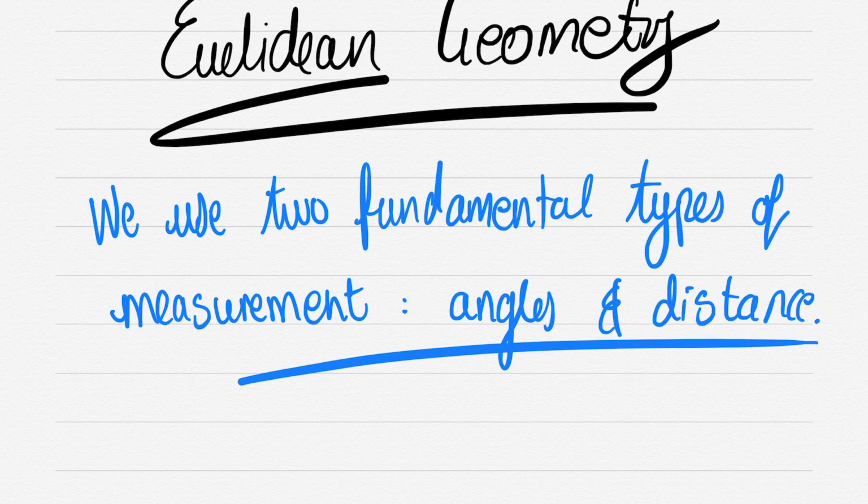Angles we generally write in terms of theta or x, and distance will be along lines. Angles are between lines and they measure the gap between them, and distance is just distance from A to B or X to Y.